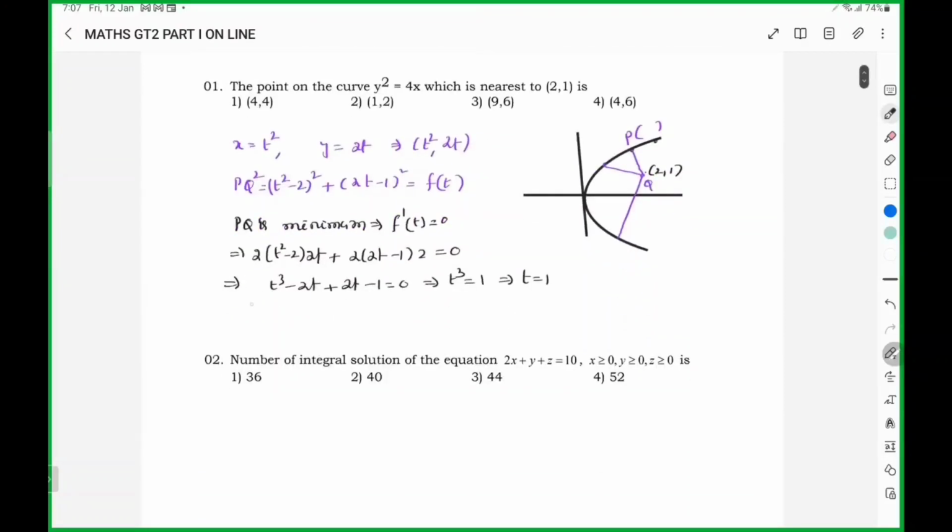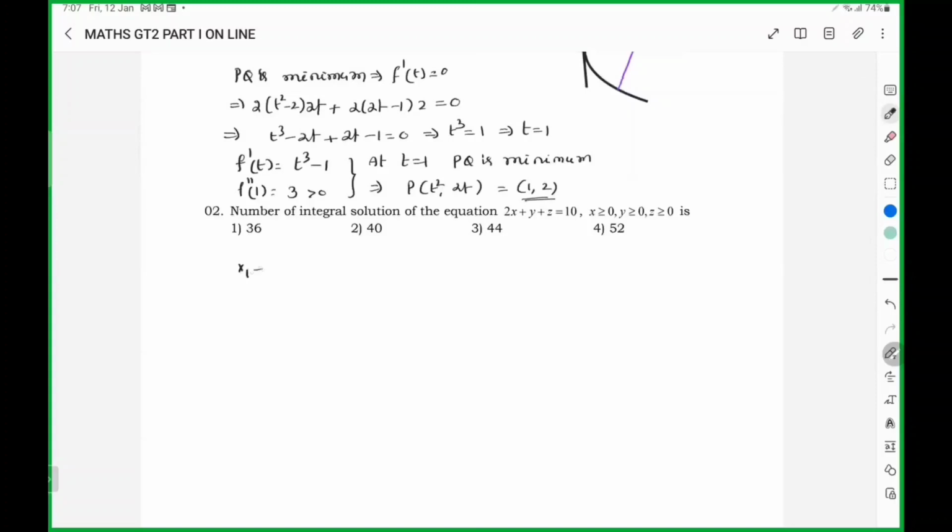So we got f dash t, and f double dash at 1 is positive. Therefore at t equal to 1, PQ is minimum. So the point will be (t square, 2t), that is (1, 2).